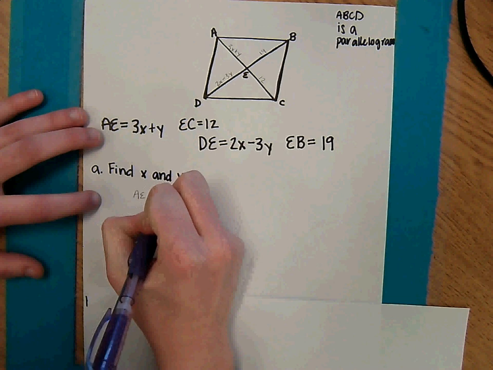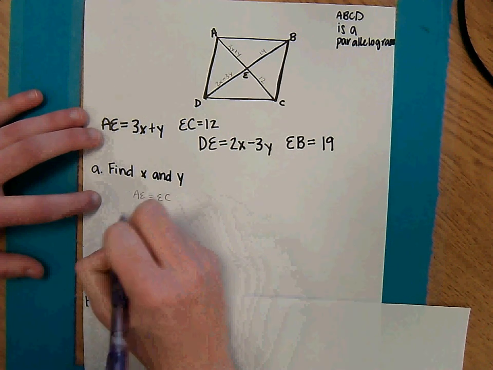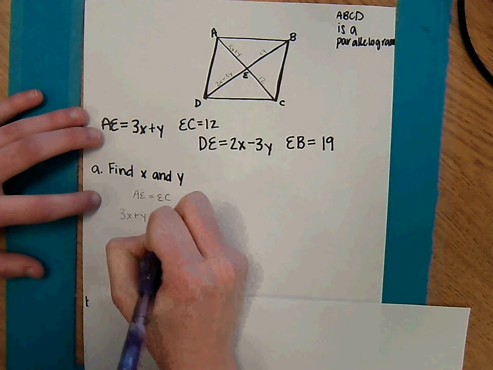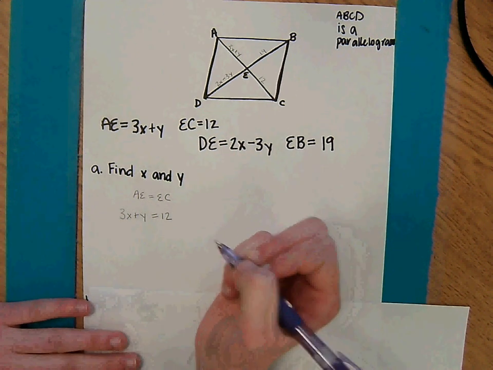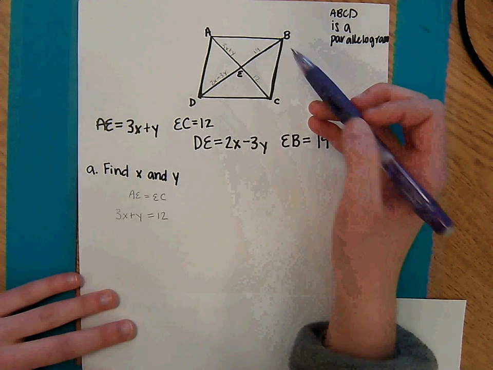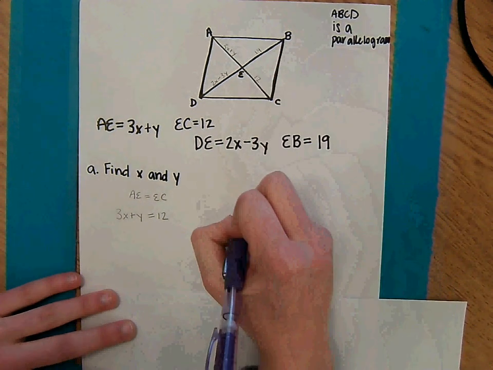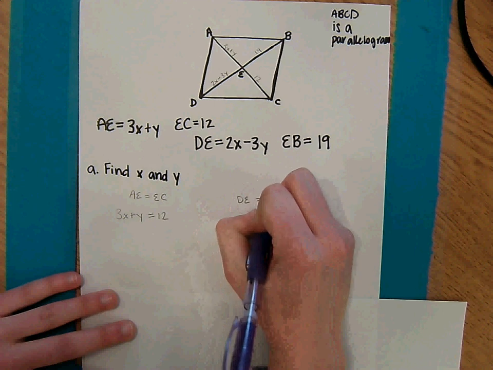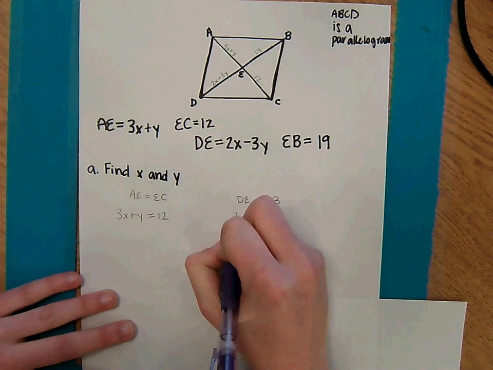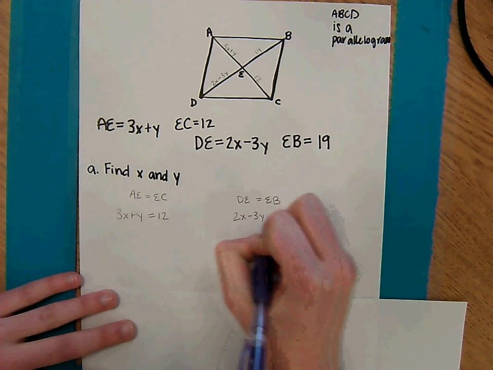Then you just plug in 3x plus y equals 12. Can't really find out what x and y is through there, so we'll go ahead and do DB as well. So DE is equal to EB. Then you plug in what they gave you: 2x minus 3y equals 19.